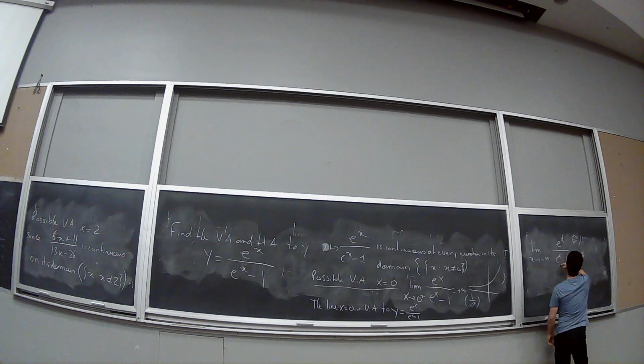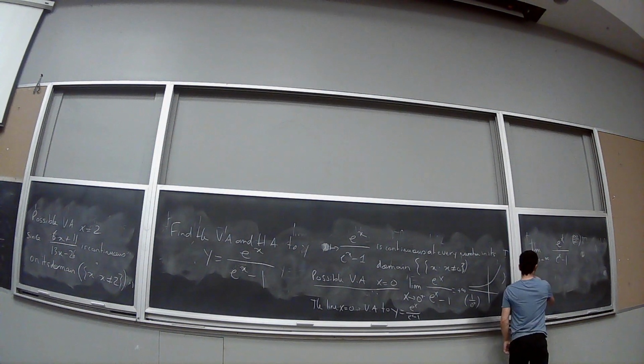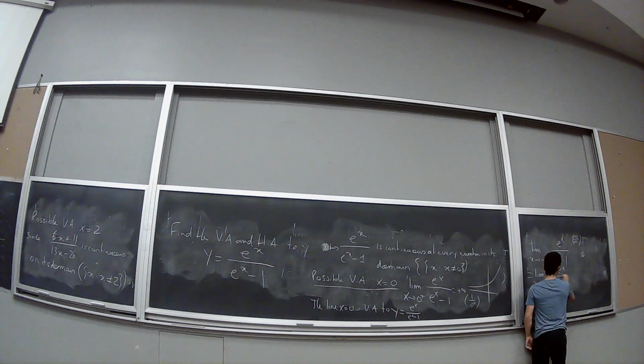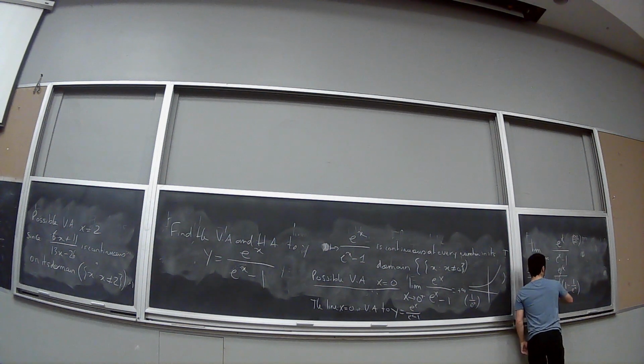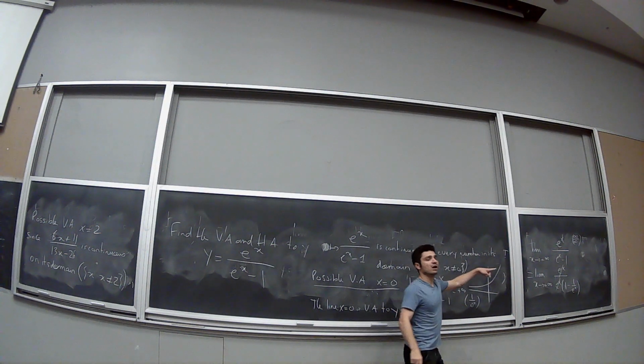Now, what is the dominant term? On top, there's only one, right? What is the dominant term on the bottom? e to the x. So let me factor e to the x out on the bottom, and then I cancel them out, right? Everybody, is that good? What am I left with?